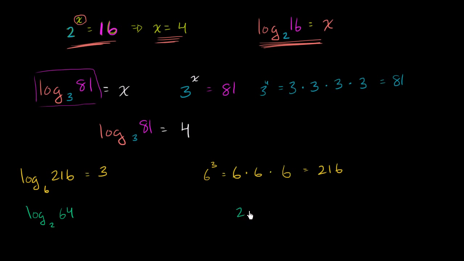So 2 to the first power is 2, 2 to the second power is 4, 8, 16, 32, 64. So 2 to the 6th power is equal to 64. So when you evaluate this expression, you say, what power do I have to raise 2 to to get to 64? Well, I have to raise it to the 6th power.